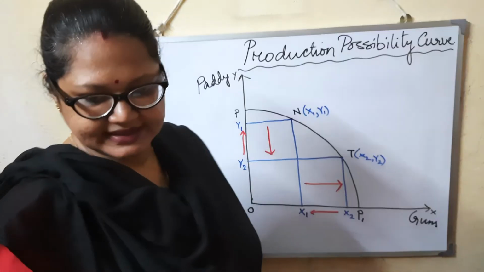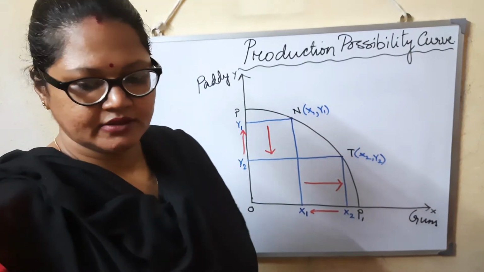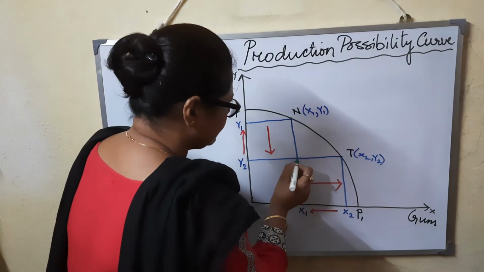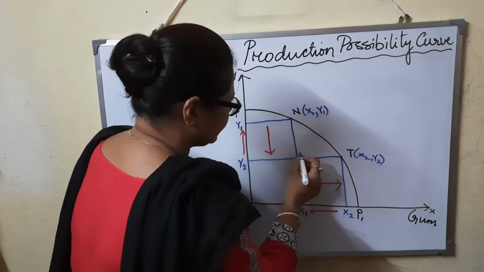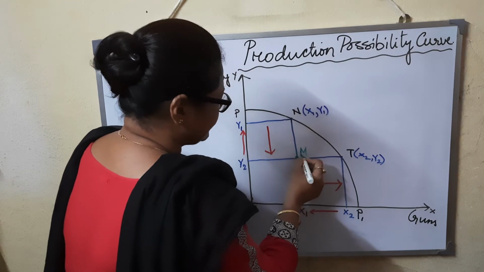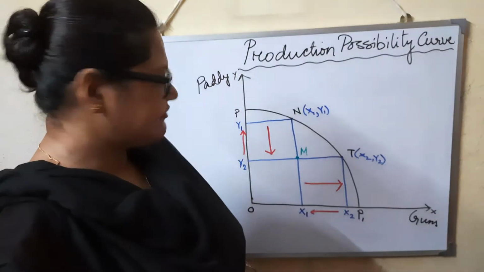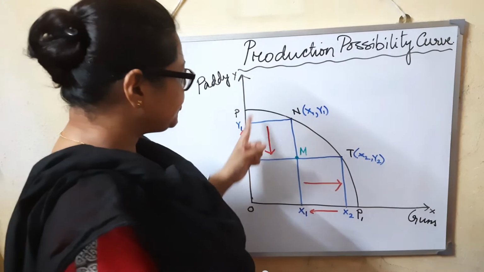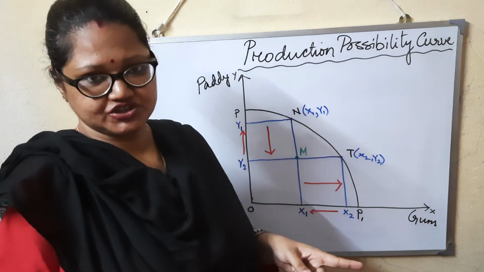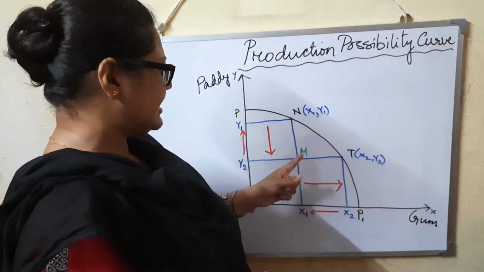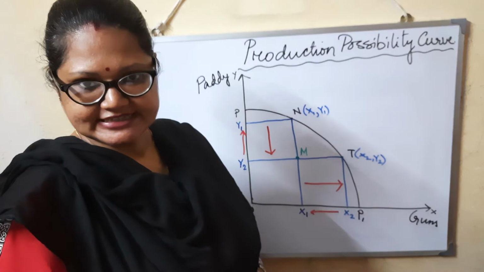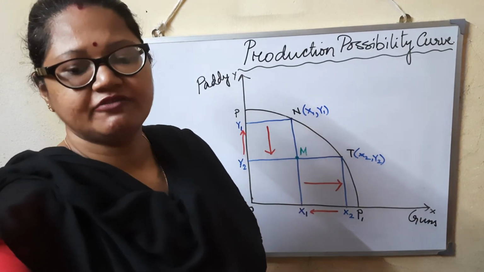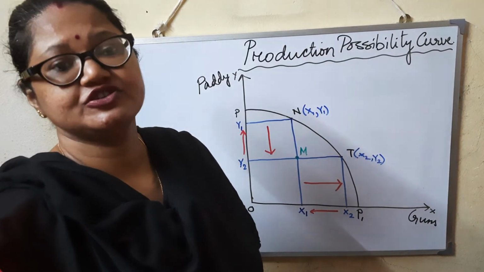Next thing, suppose we have a point here, M. Now one will definitely say that because it is within the available resources, a country can produce at M, isn't it? But there is a problem of inefficient utilization of resources.